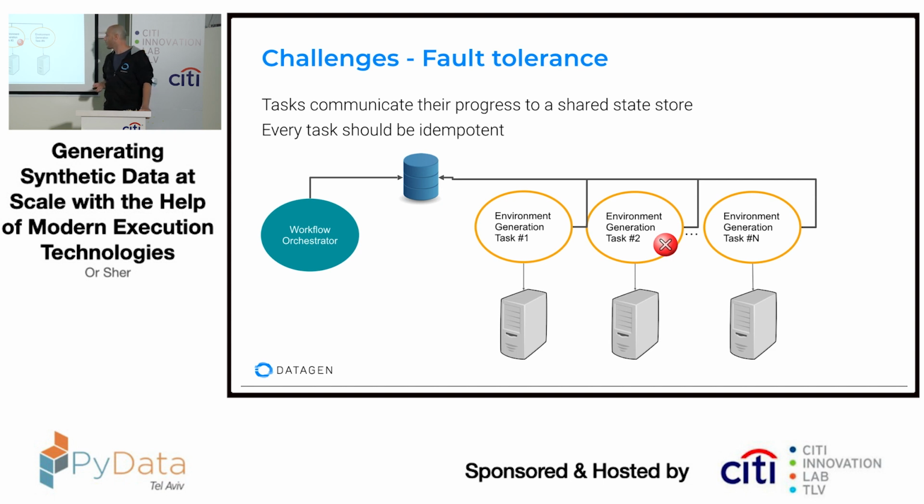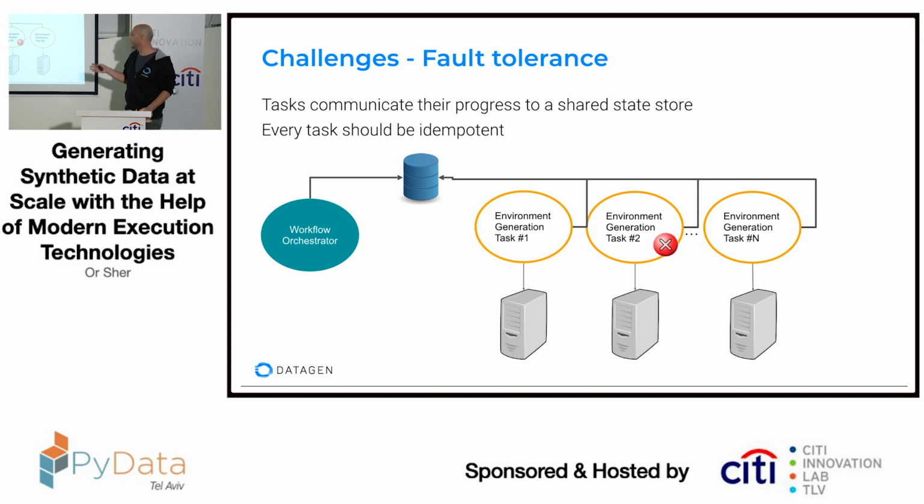But when you retry a task, you need to make sure your tasks are idempotent. For the ones that are not familiar with this term, an idempotent task means no matter how many times I run the same task over and over, its output will always be exactly the same.